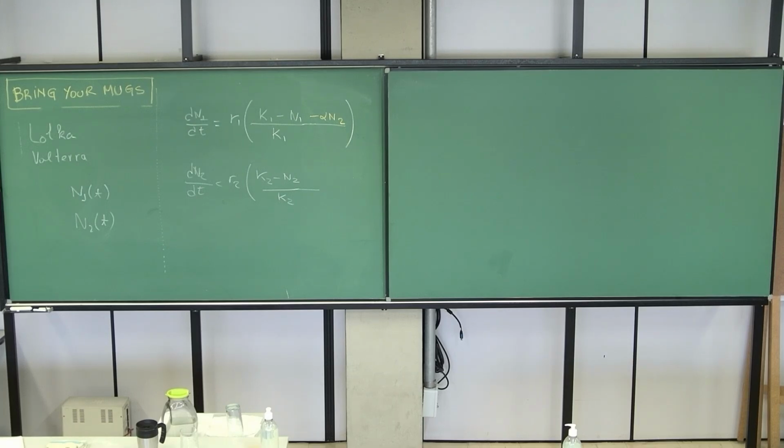In order to build the model, I consider the situation when there is no competition: I just segregate one of them. Say population 2 is not present, and in this case, species 1 grows logistically to a certain carrying capacity, which is K1. These are two different species. They are the competing species.